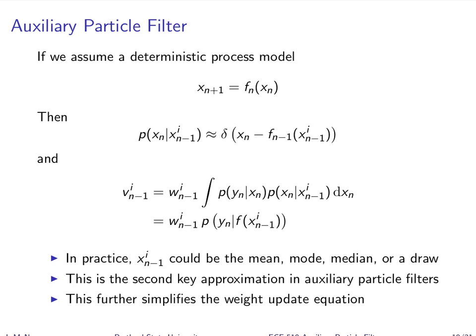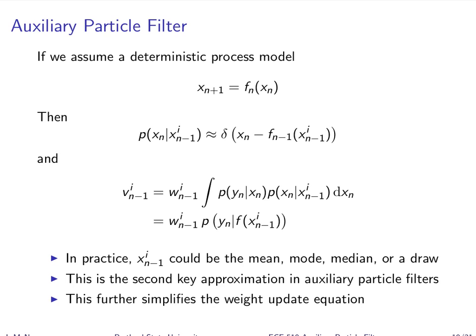And in practice, instead of using the particle at time i, there's lots of other things that you could substitute in there. You could take the mean across your particles, or a mode, or a median, or a draw. I mean, there's all sorts of things you could do and various ways you could justify it. But in its simplest form, you would simply use whatever the particle is at that time and advance it forward that way.